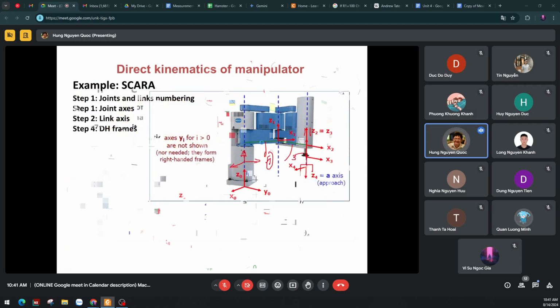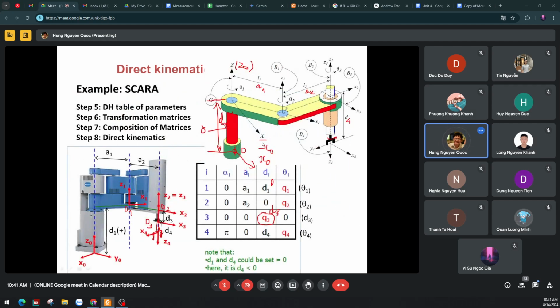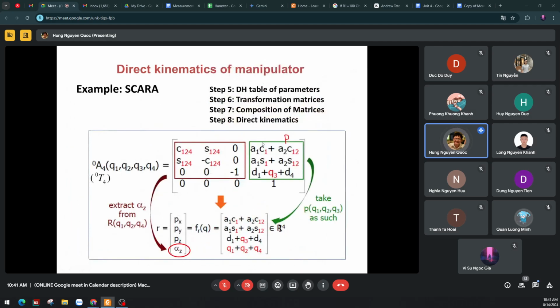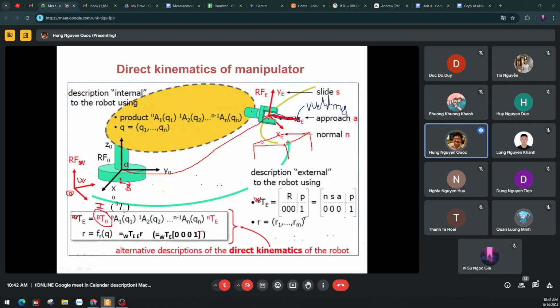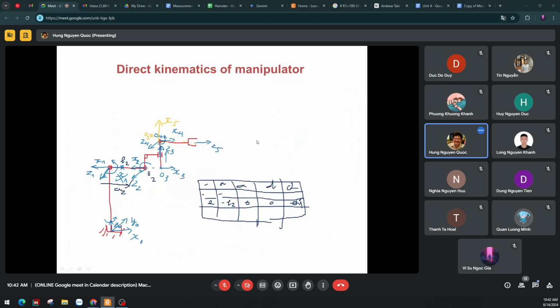Why do I show you like that? Look at this. In the previous case, like this case, this point is the end point, that means ON.